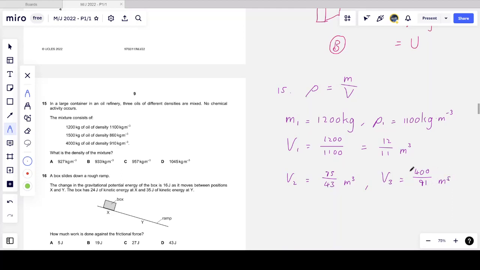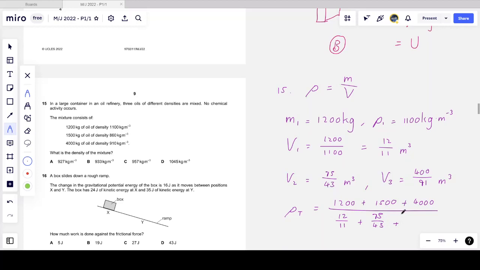Why did I do this? I did this so that I can now find the total density of this mixture. The total density, I'll call it rho T, is the total mass, 1,200 plus, or rather 1,500, adding the masses here, plus 1,500 plus 4,000, divided by the total volume, which is 12 over 11 plus 75 over 43.